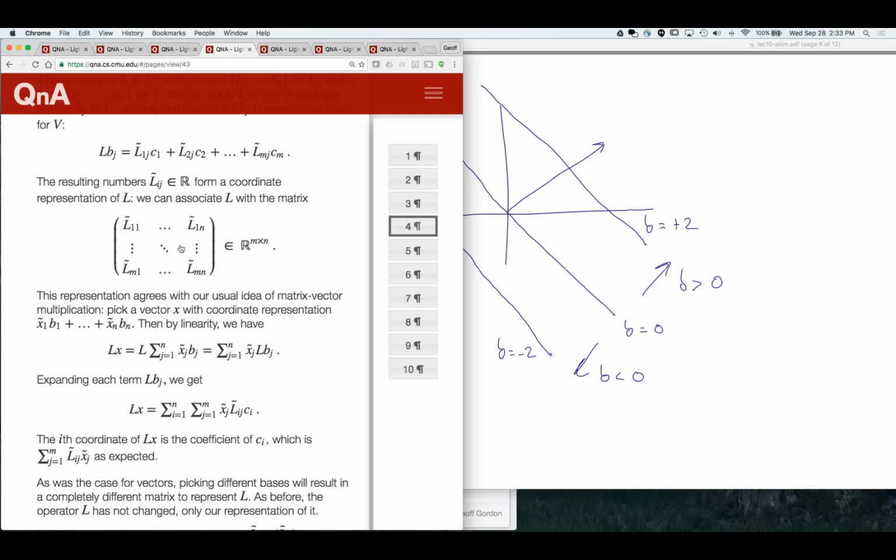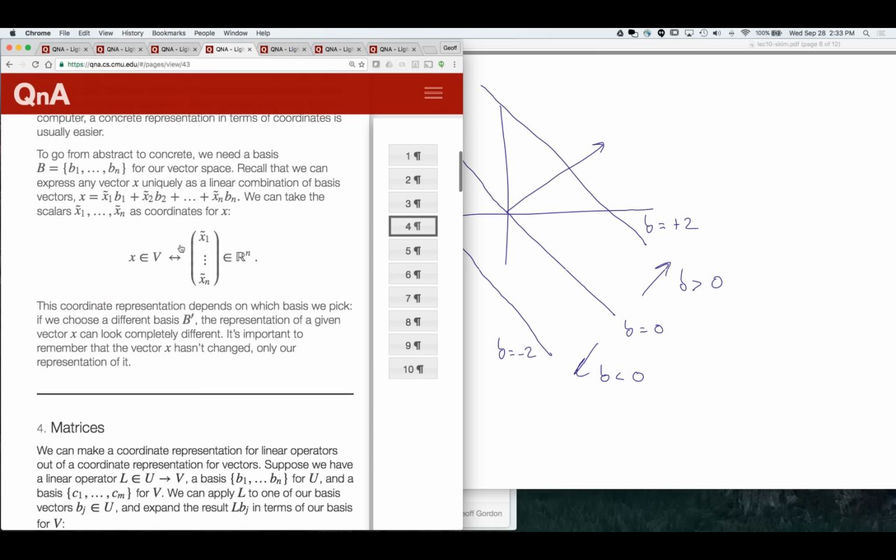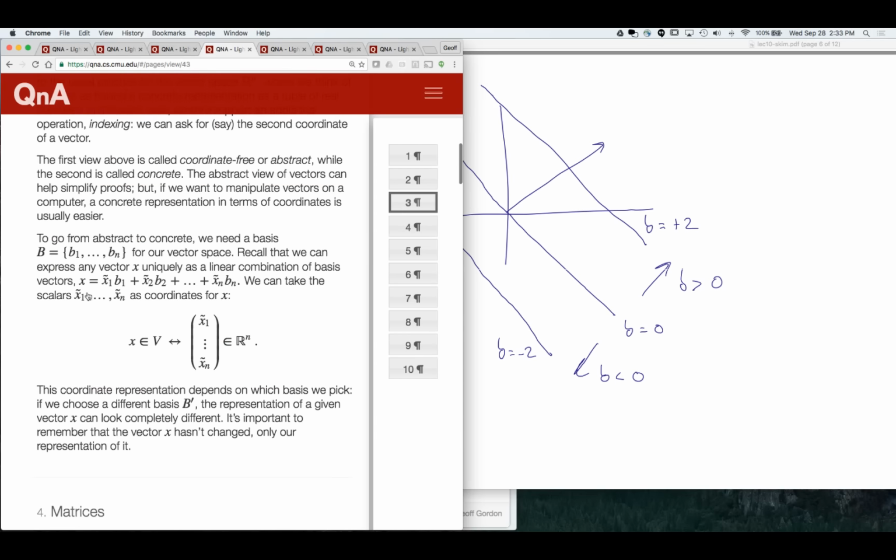Somebody's asking if the goal of the exercise for today is to find the coefficients for a vector, right? So here, yes, we have a vector. In the exercise, it was called f because it was a function. It has a coordinate representation in terms of these x tilde, the scalars, and the basis vectors.